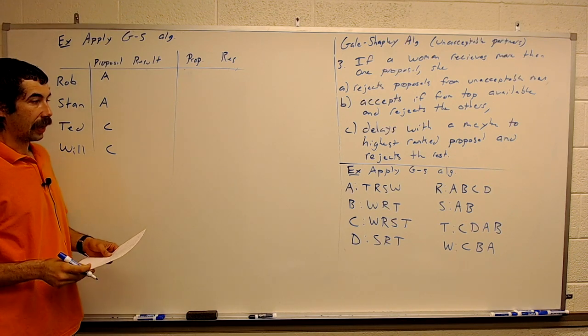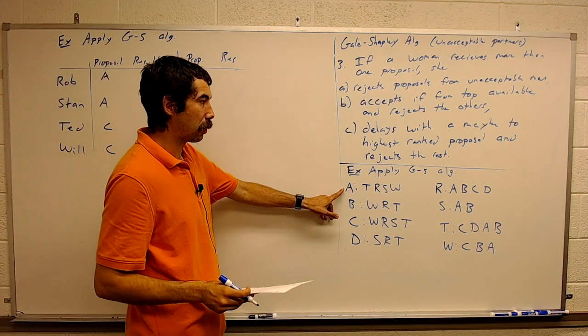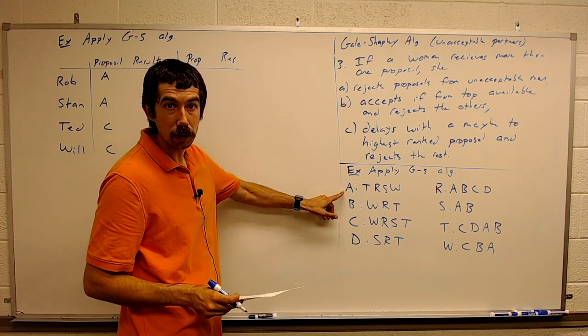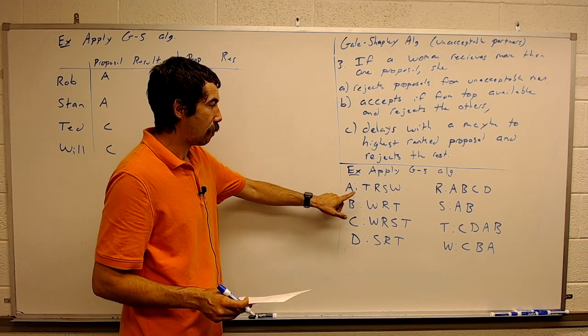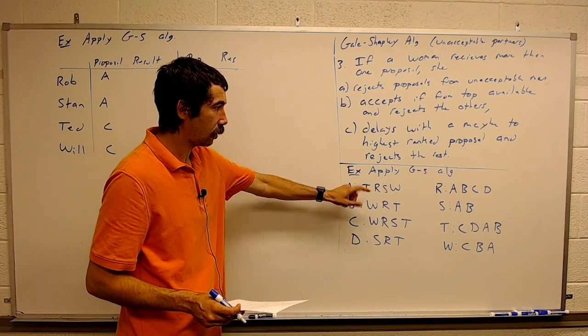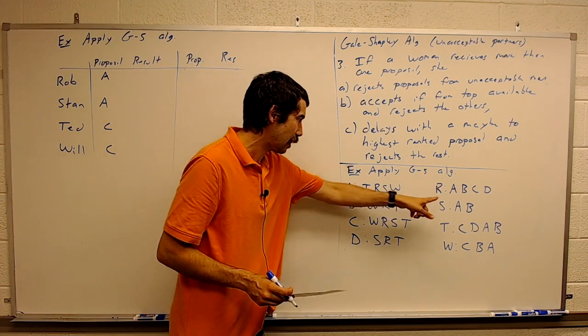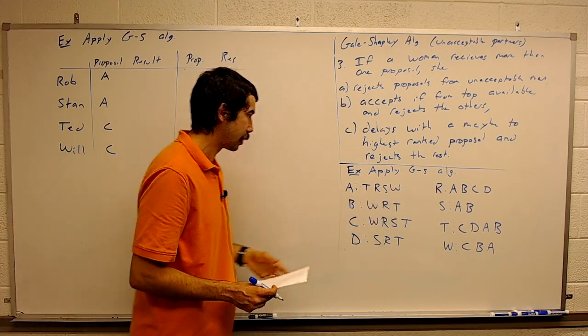Okay. Anne finds both Rob and Stan acceptable, so she could at some point be matched up with them. But neither is her top choice. So just like before, she's going to say maybe to Rob and no to Stan.